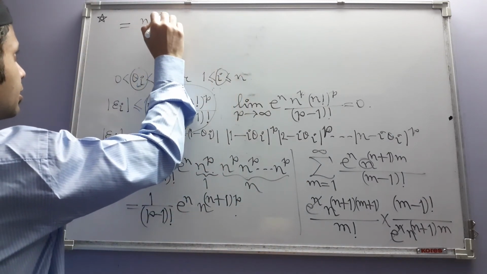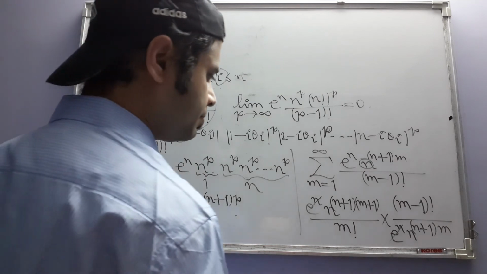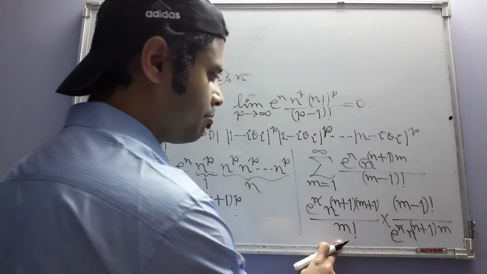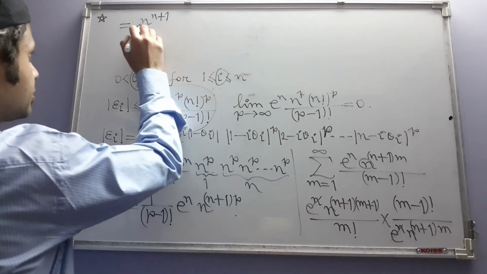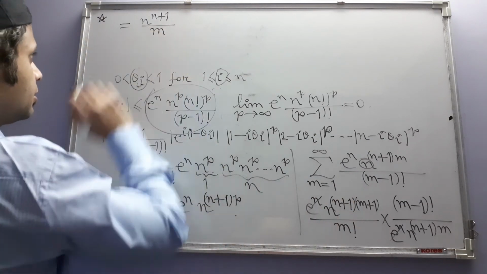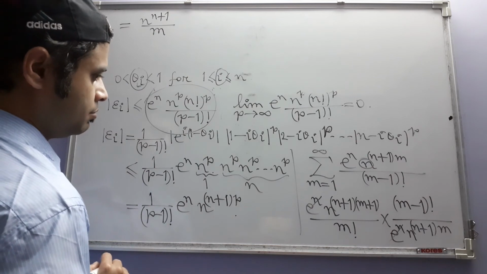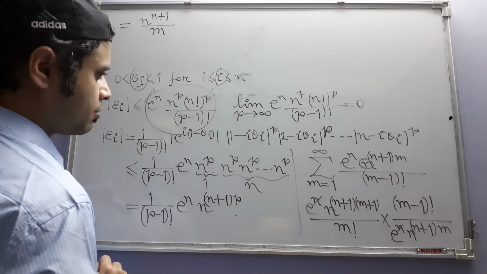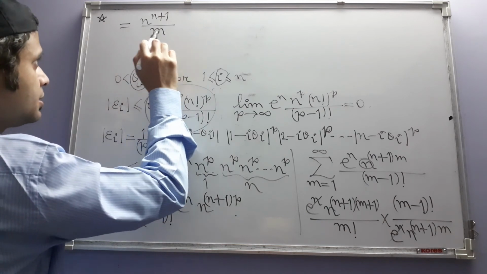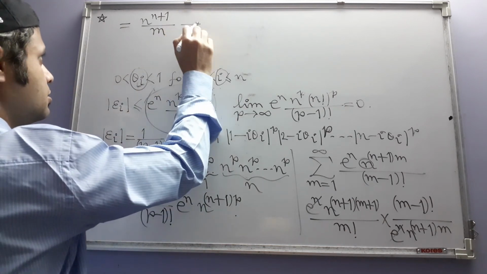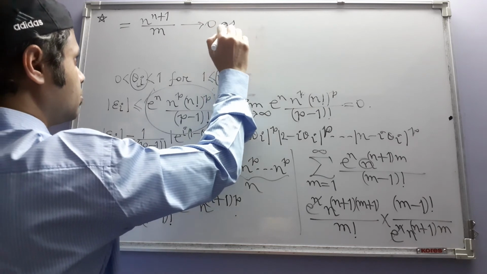And if we cancel (m minus 1) factorial with m factorial, we get m. So as m approaches infinity, this approaches 0.